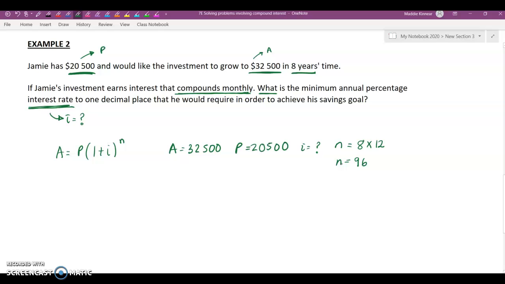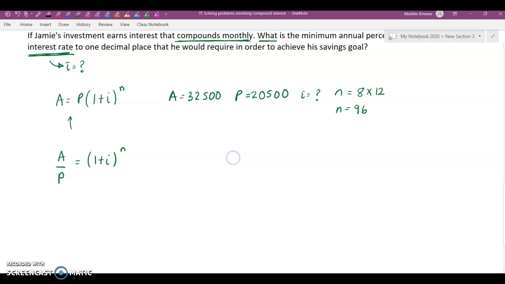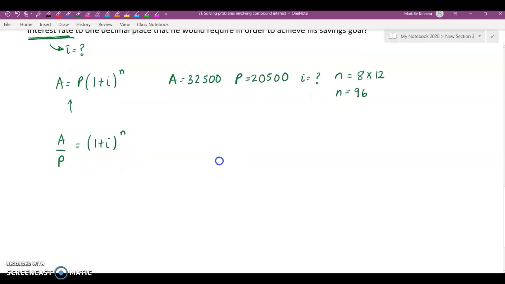So we have all the information we need. We now just need to work out, well, how do I rearrange this equation here so that I is the subject? Well, the first thing we're going to do is divide the equation by P, and that means now I have 1 plus I to the power of N. Now, to get I on its own, we first of all need to remove this power of N. To undo a power of N, I apply the power of 1 on N to the other side of the equation, and that removes that power.